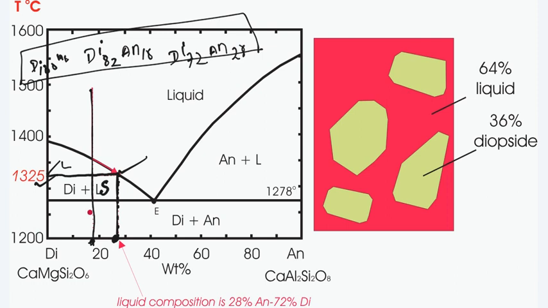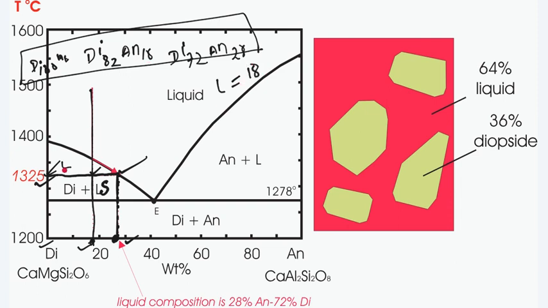Just take the difference in composition between this point and this point. The composition difference for the liquid will be 18. You can take either diopside or anorthite, anyone you can choose.